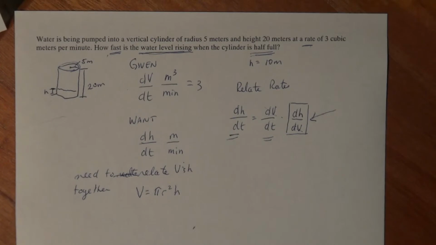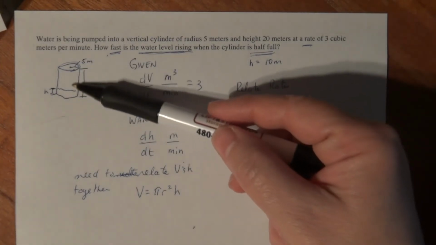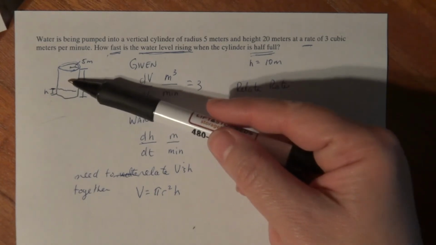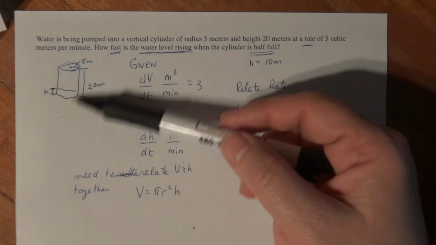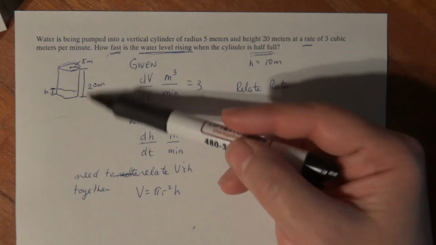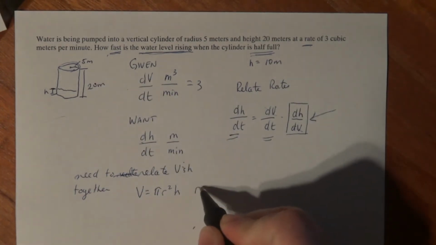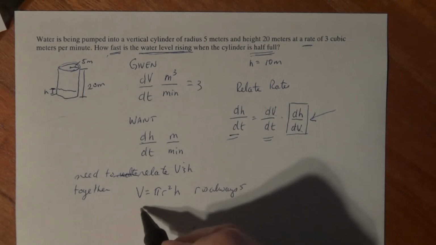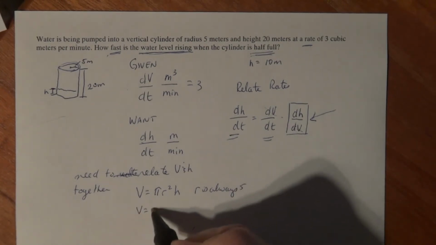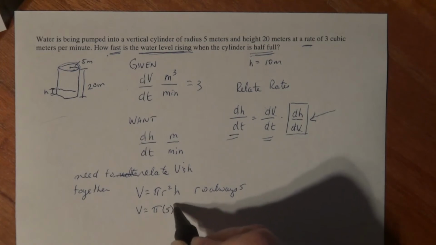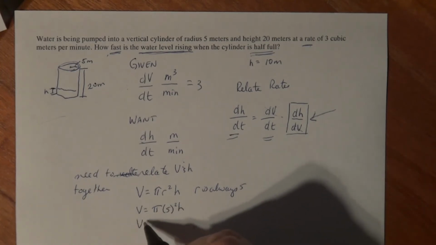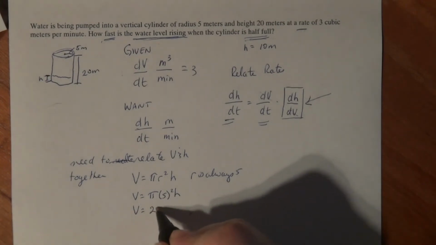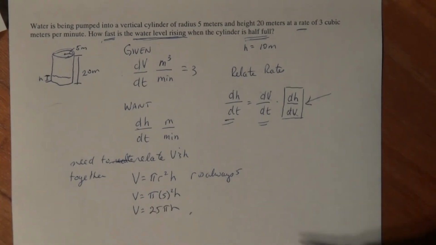Now, since we have a cylinder, no matter what my water level is, no matter what h is, my radius is always going to be 5. And that's what makes this a more straightforward problem. So r is always 5 because it's a cylinder. That means V is equal to pi times 5 squared times h, which is 25 pi h.